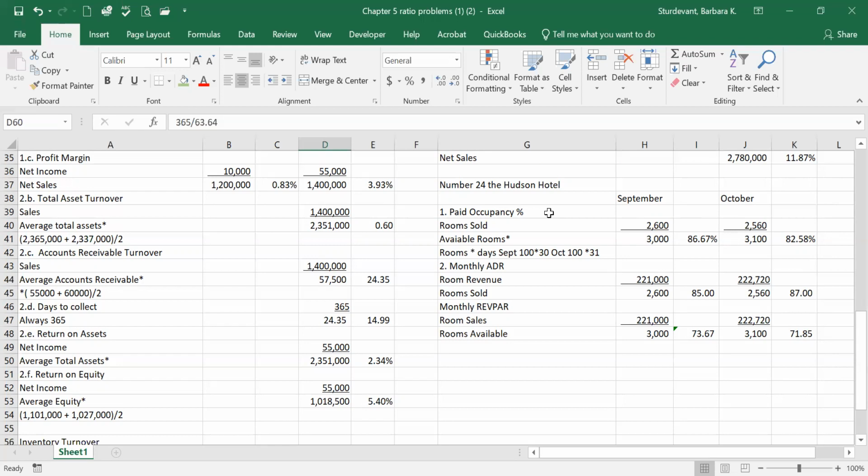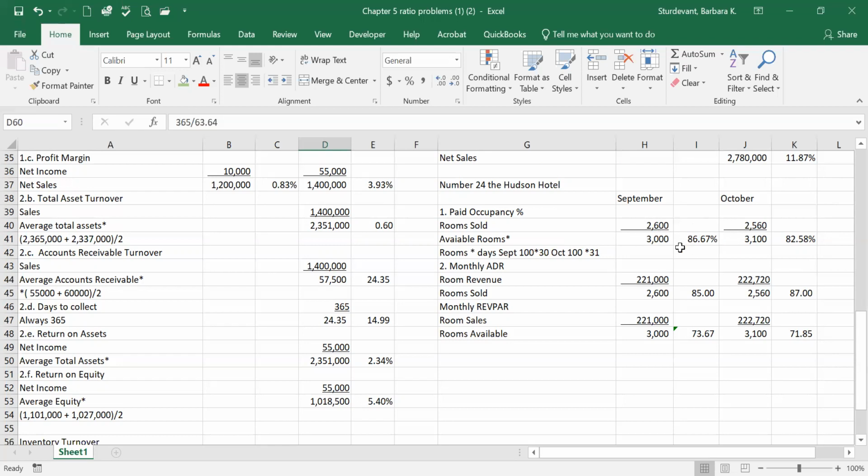For our paid occupancy percentage, we want to know what percent of our actual rooms available we sold. So this is what we sold. This is what we could sell. So for September, you've got 100 rooms for 30 days, which is where the 3,000 comes from.